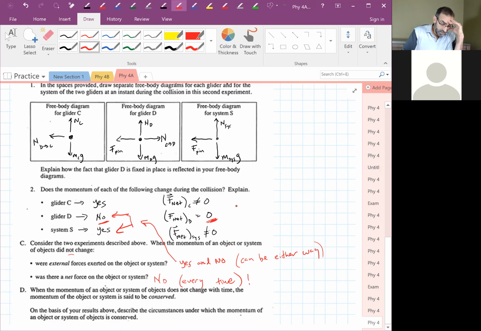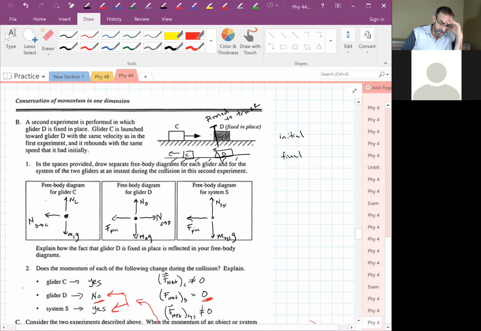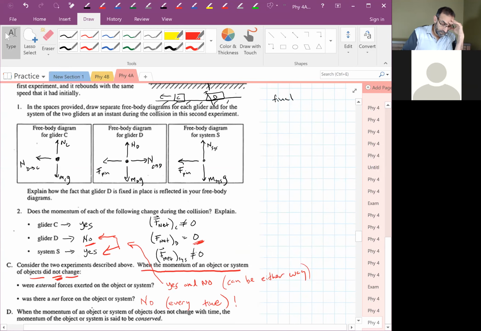What I said was when the momentum does not change, so let's go back and look at when the momentum does not change. Here, the momentum does not change. There's a net force of 0. Here, the momentum does change. There is a net force. Here, the momentum does change. There is a net force.